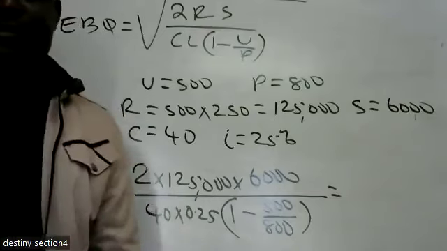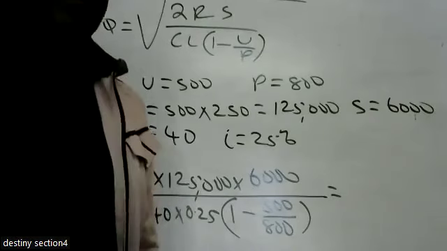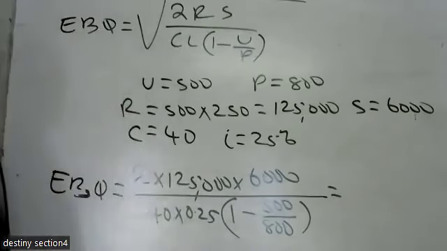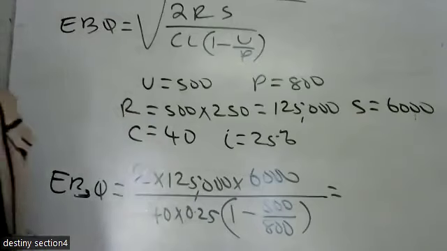What should be our economic batch quantity? You get 20,000.